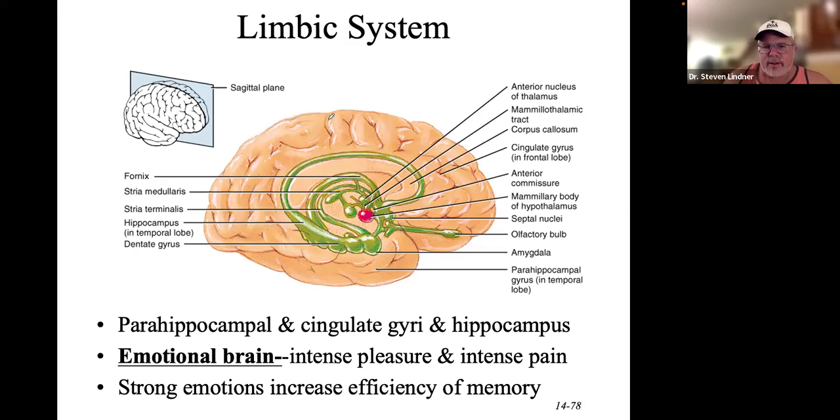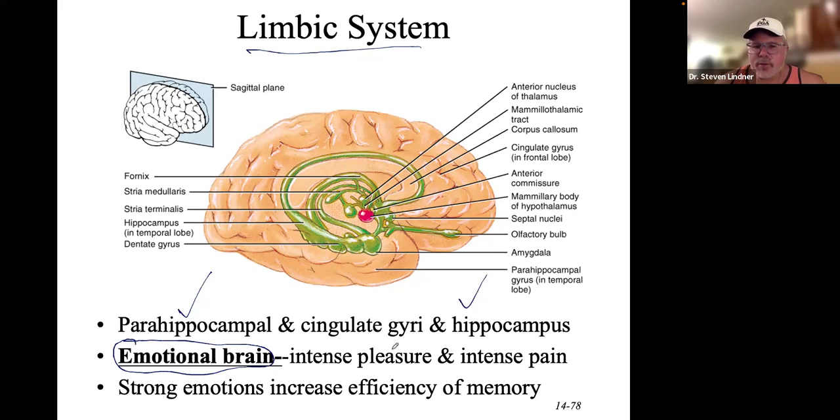Now, what we see here in green, this is referred to as the limbic system. The limbic system also has different parts to it. It has a parahippocampal, hippocampal. It's got so many different moving parts to it, a lot of different sections to it. But the limbic system, generally speaking, is what we refer to as your emotional brain.